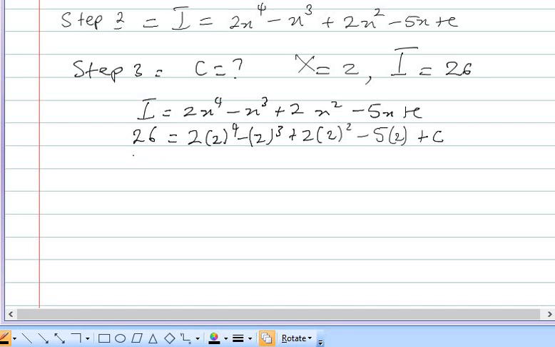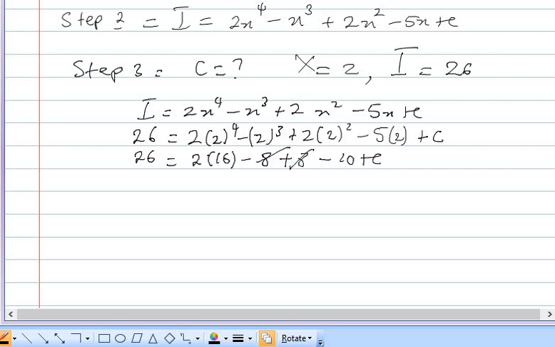So from here we can say 26 is equal to 2 times 2 power 4, which is 16, minus 2 power 3, which is 8, plus 2 power 2, which is 4, times 2, which is 8, then minus 2 times 5, which is 10, plus c.